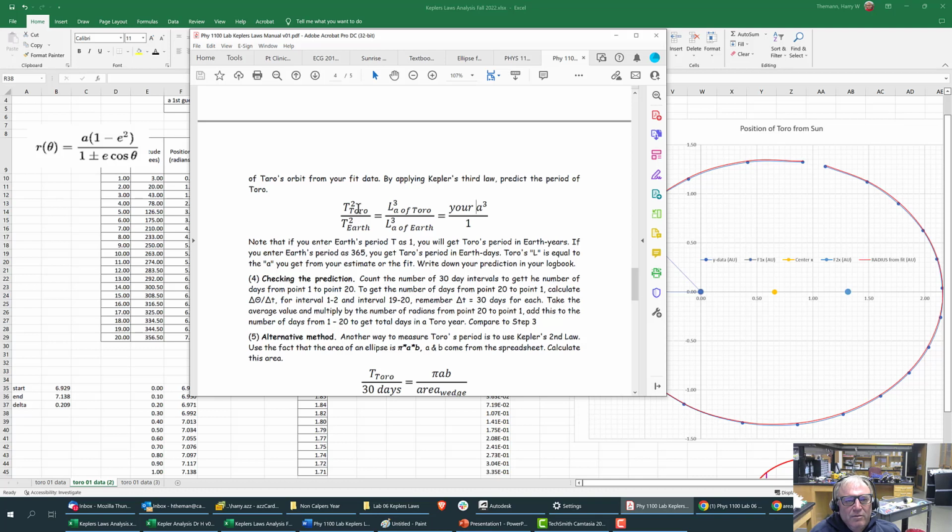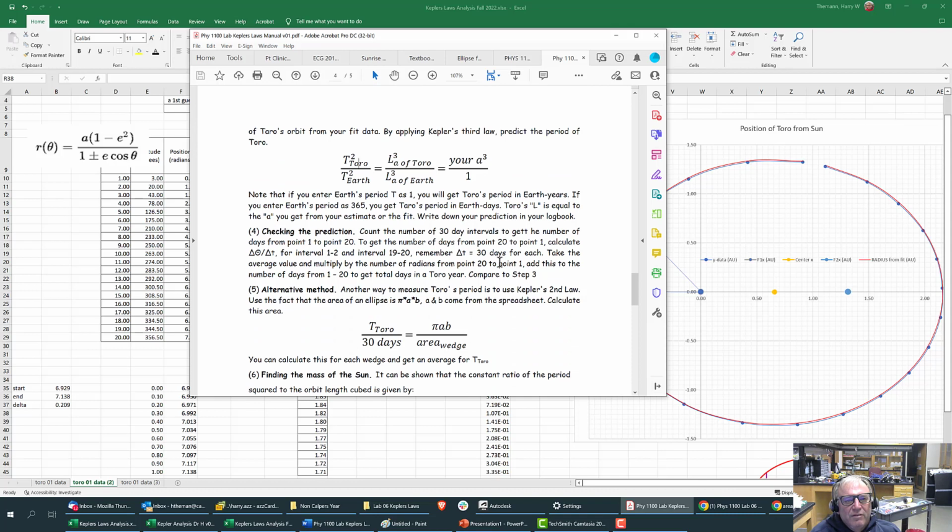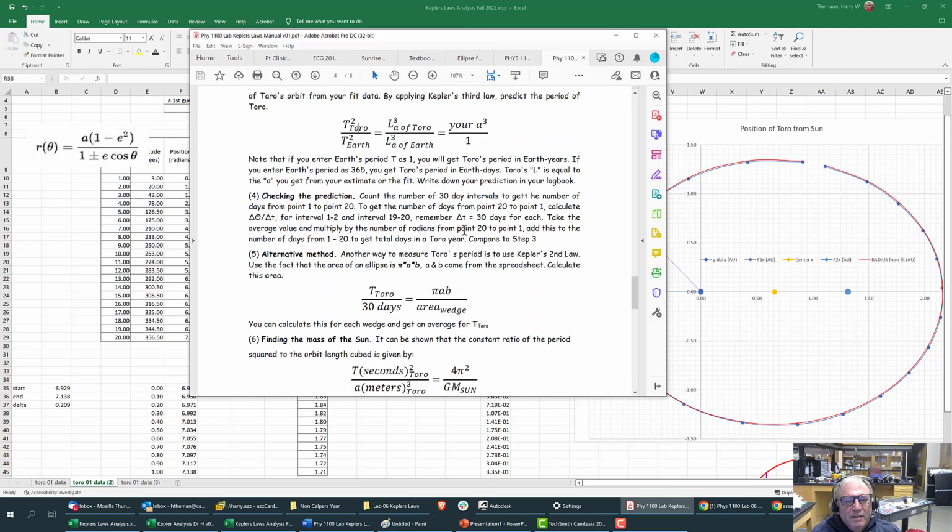It depends: if you type in 365 here, you get the number of days directly, or if you type in 1, you get a number of years, and then you multiply by 365. In fact, Earth's period is 365 and a quarter, by the way, but that's a discussion for another day.